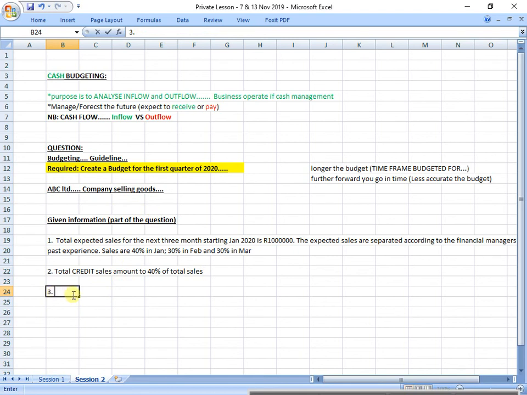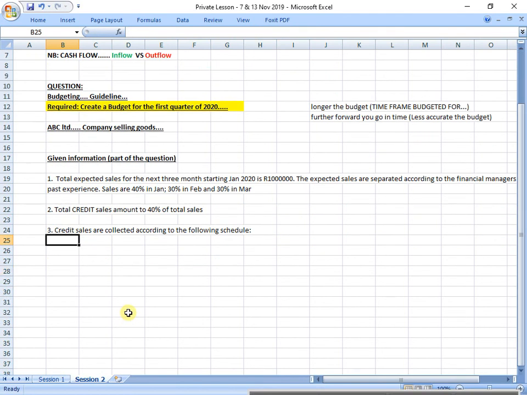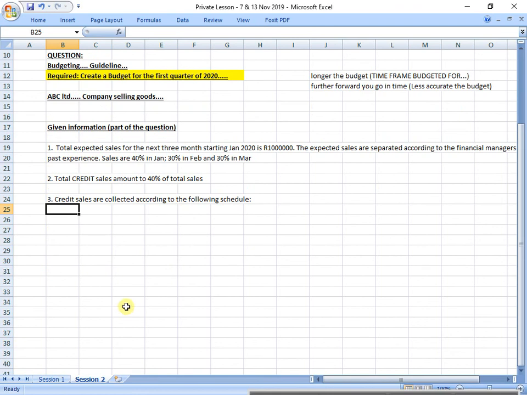Then they'll give you more information and they have to tell you something about the collection. They'll say credit sales are collected according to the following information or the following schedule. Okay, that's what they're going to give you in terms of information. It'll all come from the question.